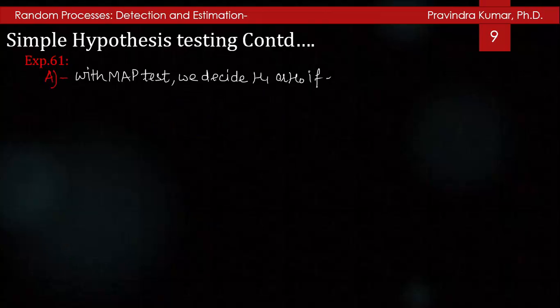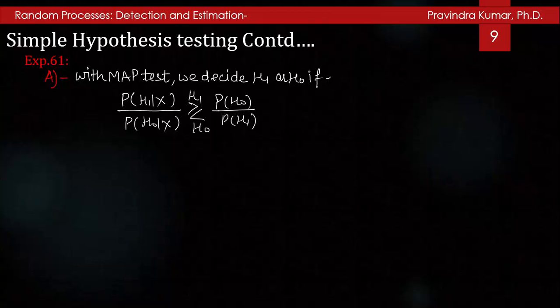So from the MAP test, we decide H1 or H0 based on the conditional probability ratio P(H1 given x) by P(H0 given x) compared with P(H0) by P(H1), the prior probabilities, which are given as 2 by 3 and 1 by 3. So the threshold value is 2.